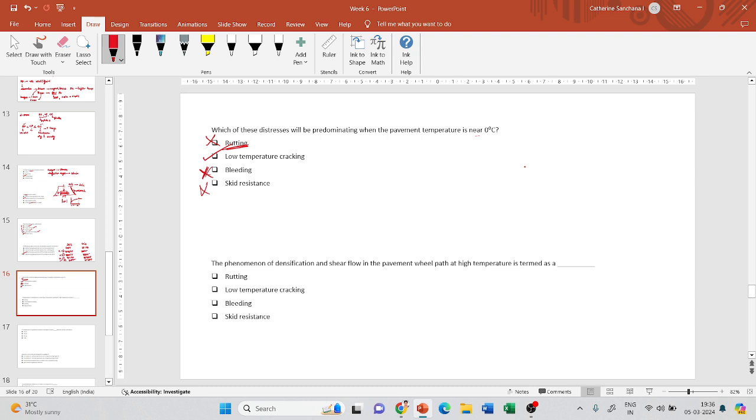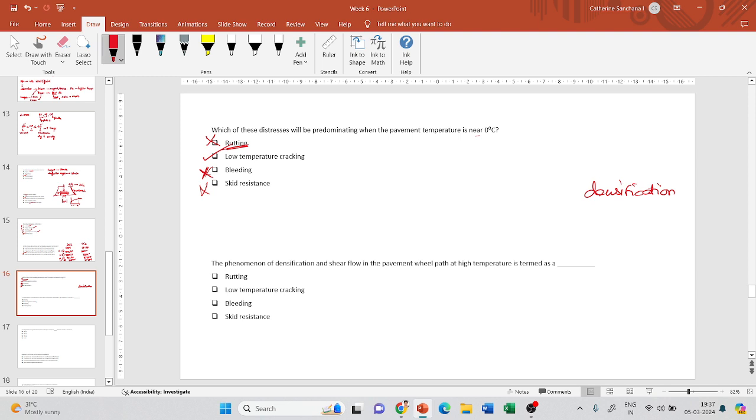Now, due to the repeated application of vehicular traffic loading, the air voids in the bitumen will keep on reducing, and that process is called densification. And this we will call secondary compaction.